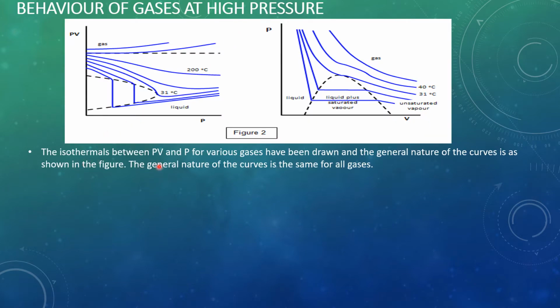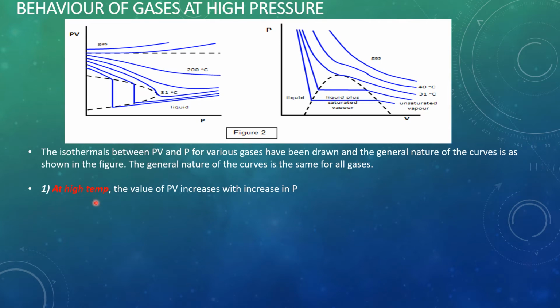The isothermals between PV and P for various gases have been drawn, and the general nature of the curves is as shown in this figure. The general nature of the curves is the same for all gases.